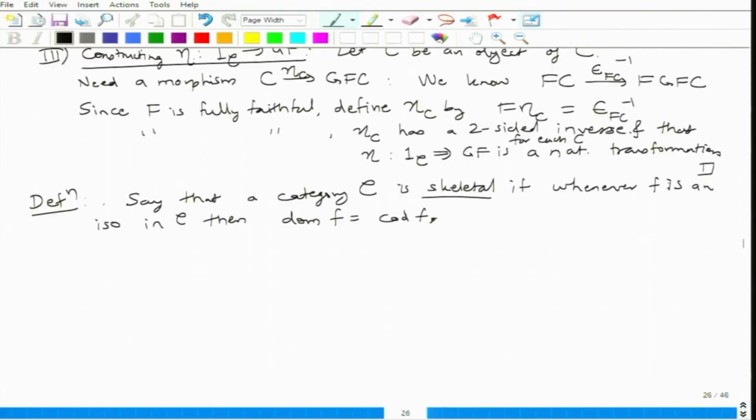This is the first definition. Second definition: a subcategory. Do you understand the meaning of subcategory? It contains a subclass of objects, it contains a sub-collection of morphisms, and it is itself a category.